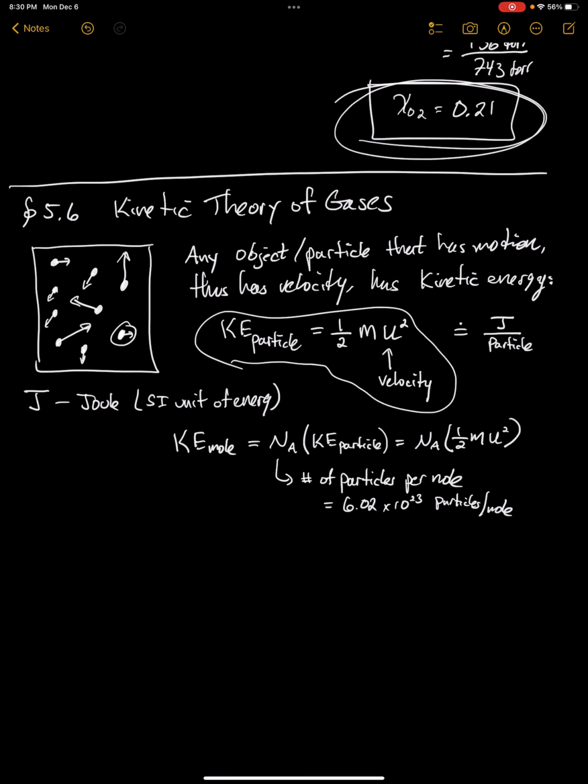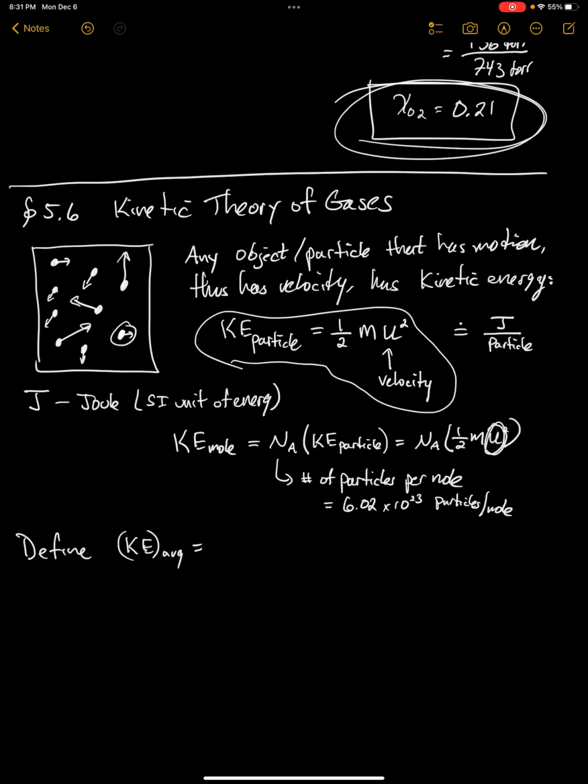Okay, now if we go ahead and define what we call the average kinetic energy, so we define the average kinetic energy of our system to be equal to this kinetic energy of the mole, but recognize that the velocity of the particle is different for every particle.